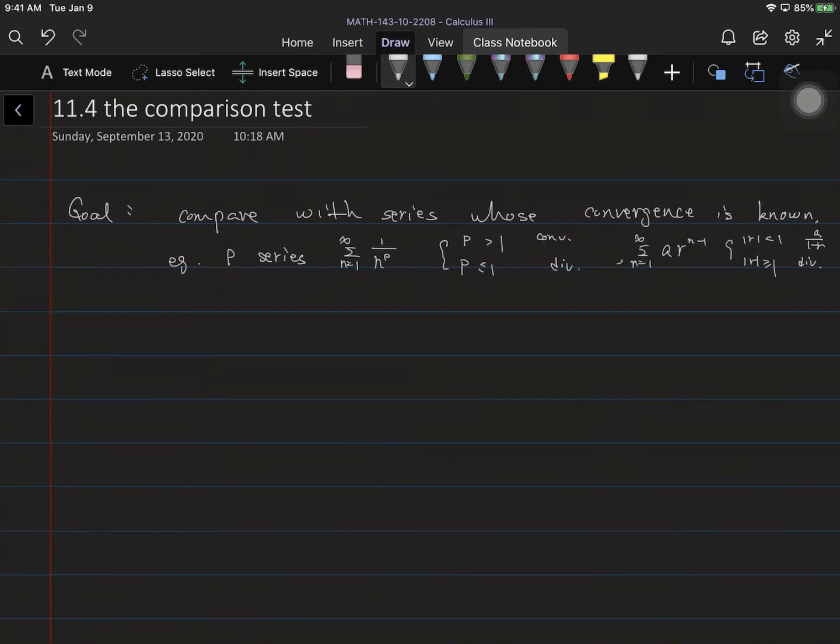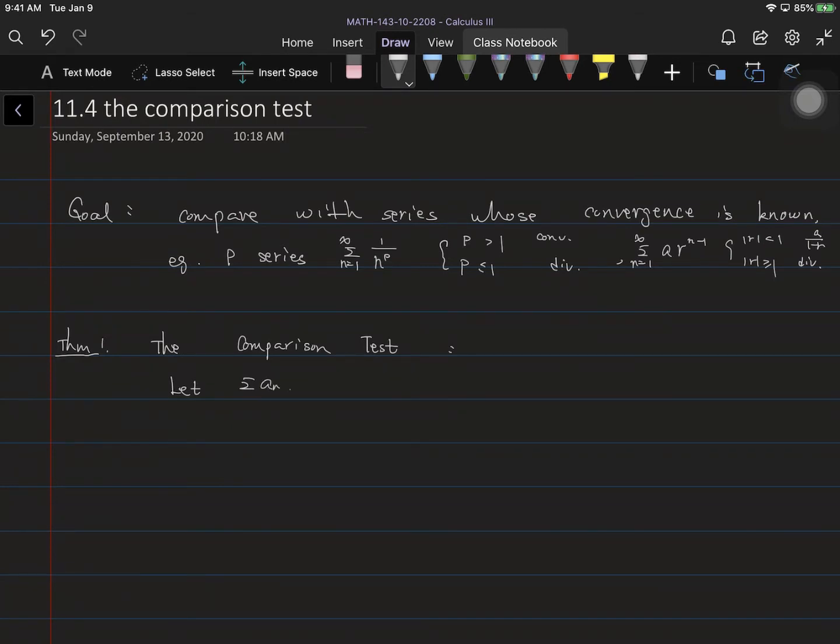Now let's take a look at the theorem 1, Comparison test. Okay, so here we have three series.